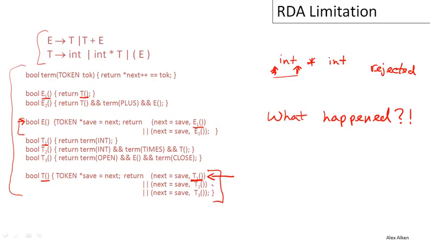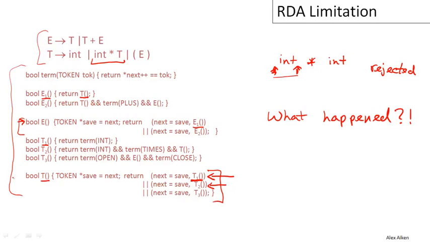And in fact, if we had tried the second production for T, T2, we would have matched int times T, and then we probably would have succeeded. We would have been able to match int times int. And so the problem here is that even though there is backtracking within a production, while we're trying to find a production that works for a given non-terminal, there is no backtracking once we have found a production that succeeds for a non-terminal.